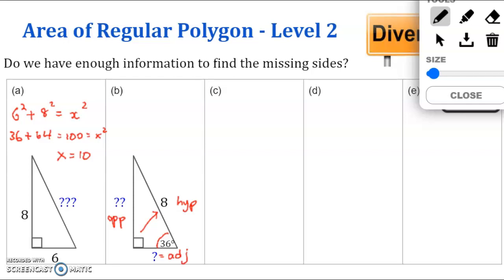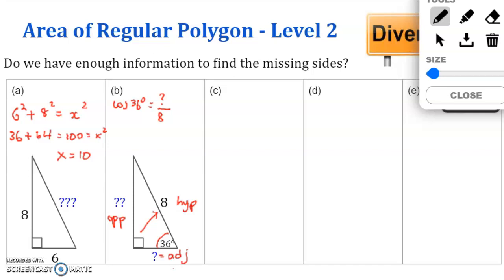That's cosine, right? So cosine of 36 degrees is going to be adjacent over hypotenuse. We call that question mark divided by the hypotenuse, that's 8. So the question mark is going to be 8 times cosine of 36.